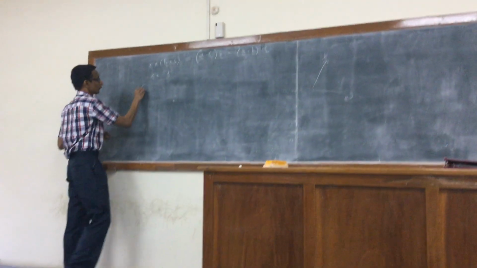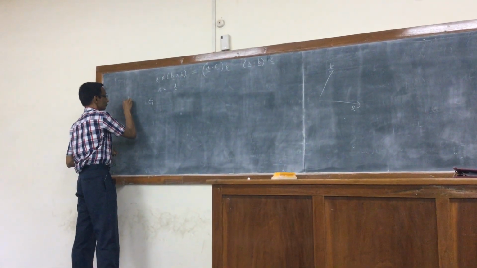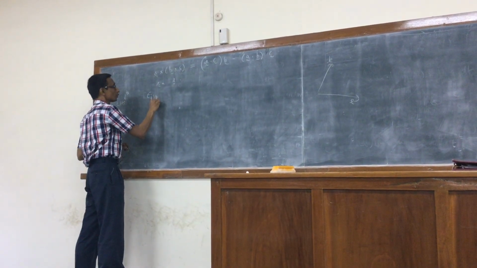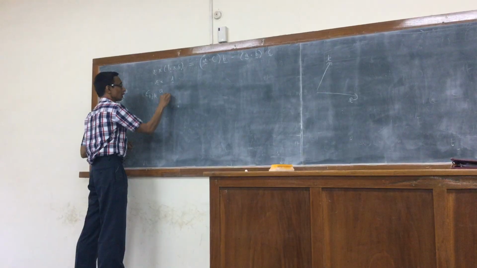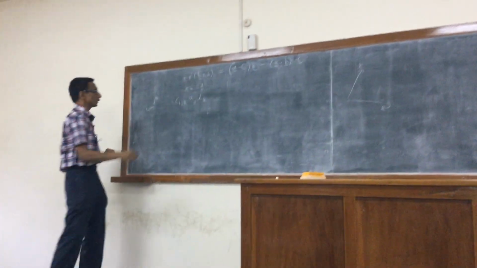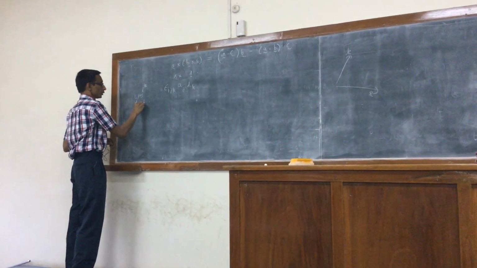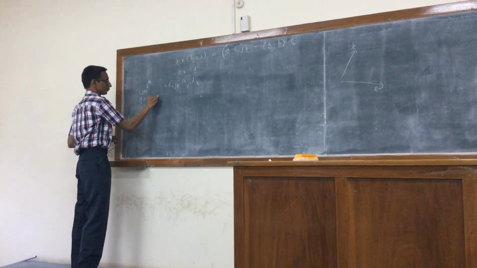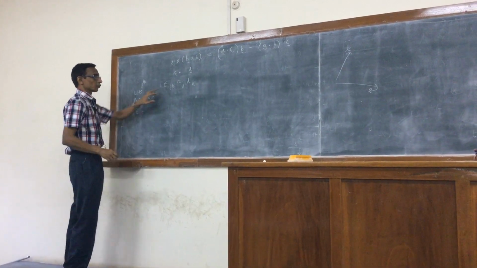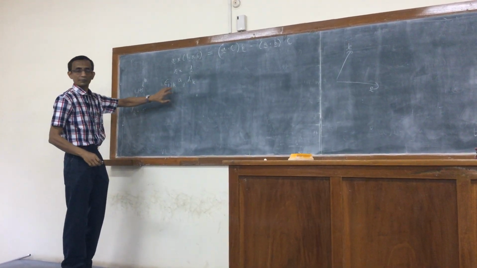Proof of this: I can write this as A cross D as we saw, where D is B cross C. So I have an I component of the left hand side. If we want the K component of D, we saw that I could write this in an analogous way.